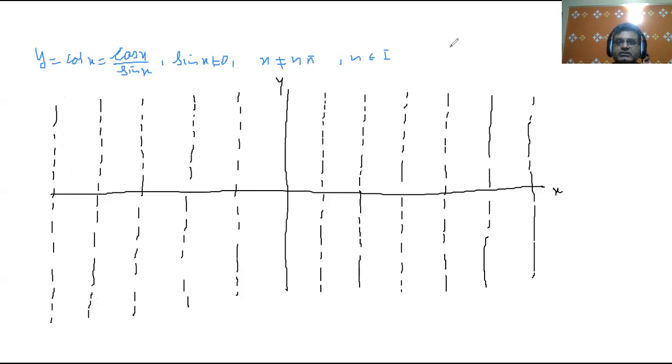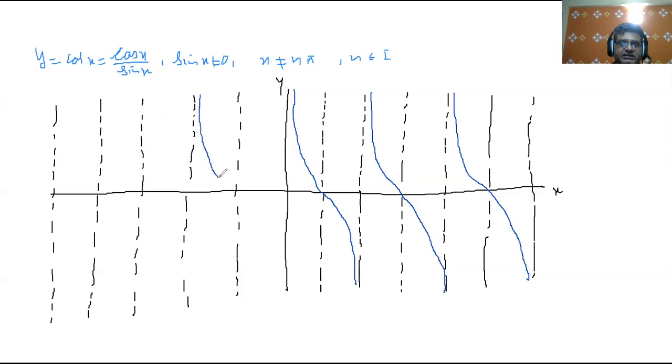So the graph of cot x is this. Now the graph moves like this. Similarly, it moves like this. Similarly, the graph moves like this. Here also, the graph moves like this. Here also, the graph moves like this.